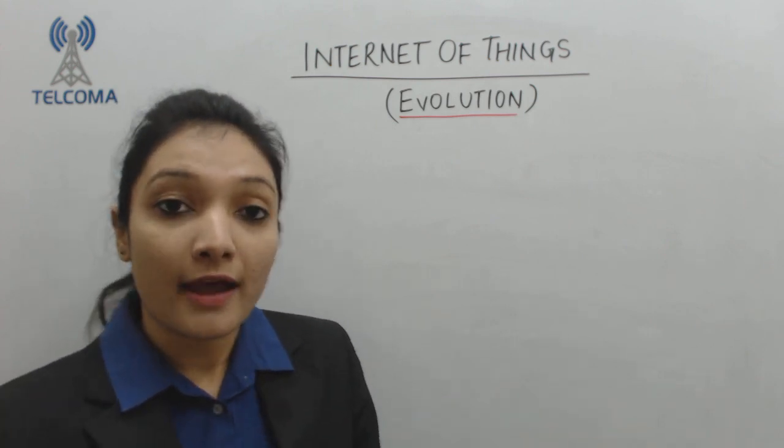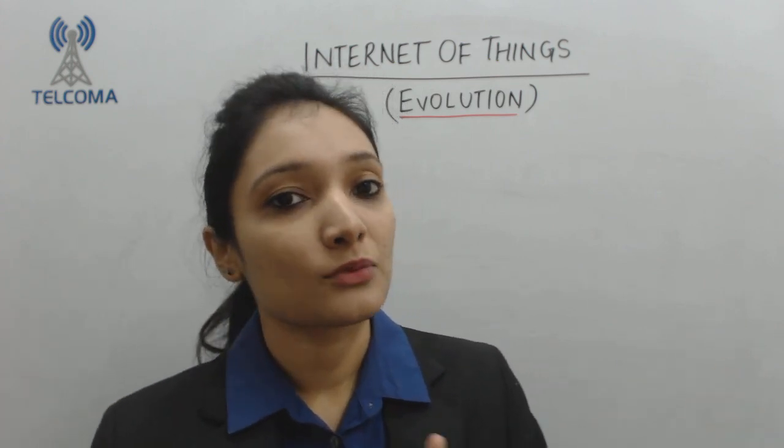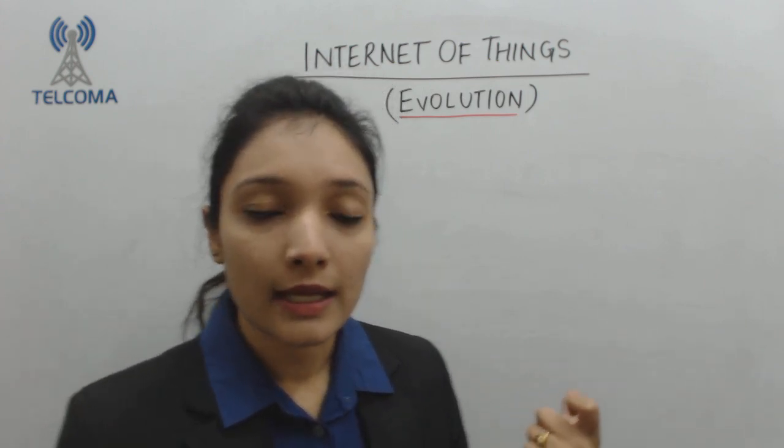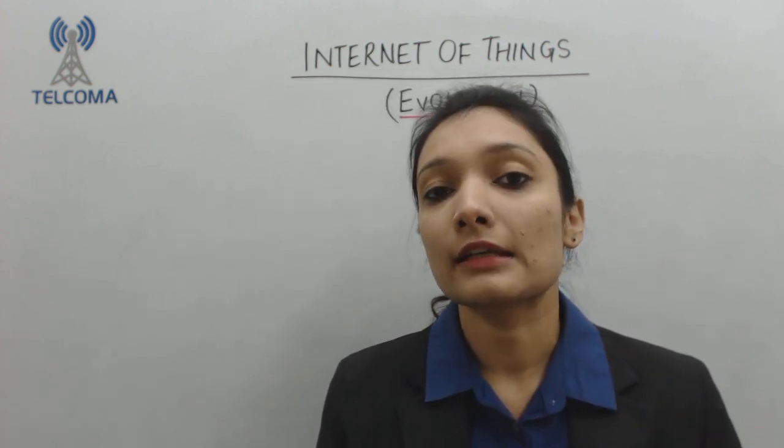That means the devices are talking to one another, exchanging information, and then acting on the basis of that information. Today in this class we will discuss the evolution of the Internet of Things.